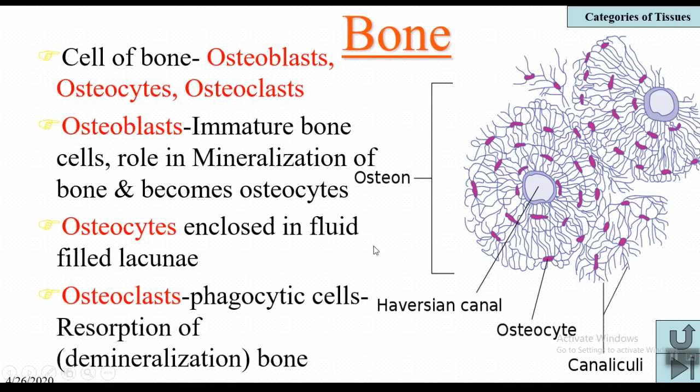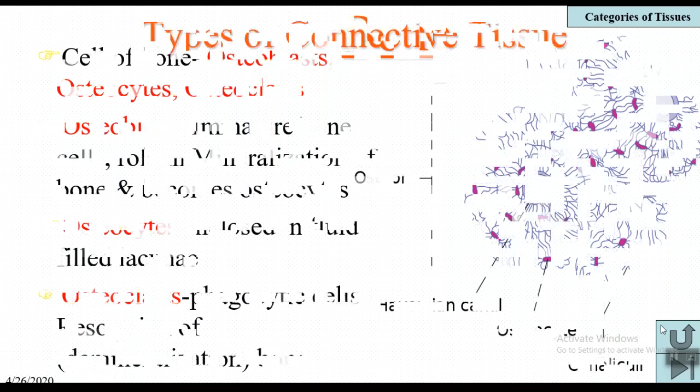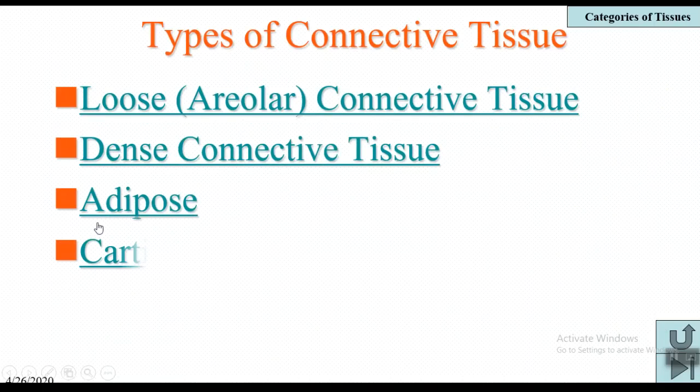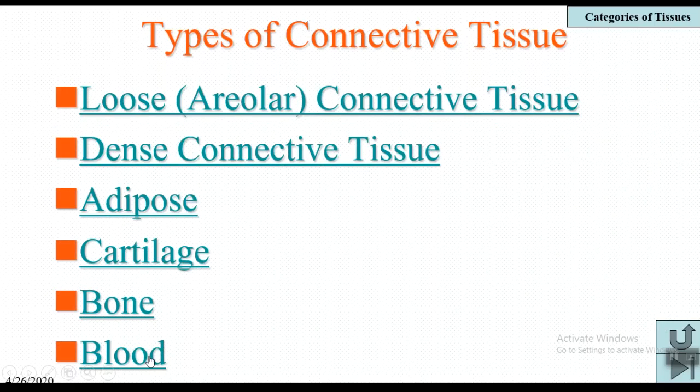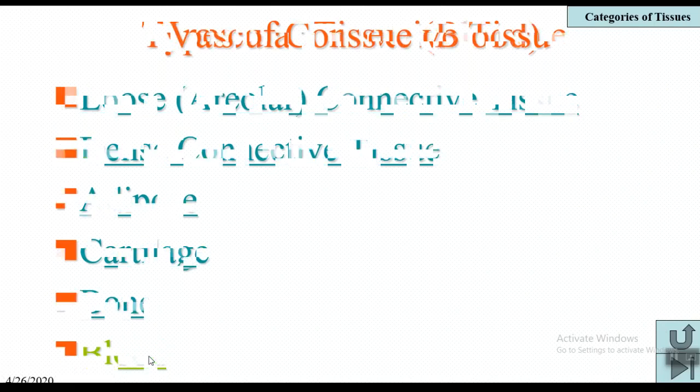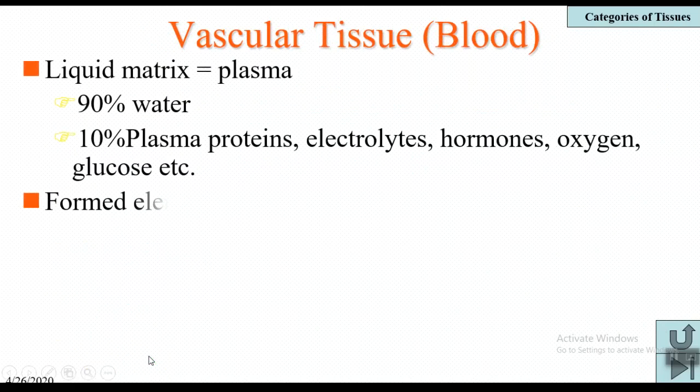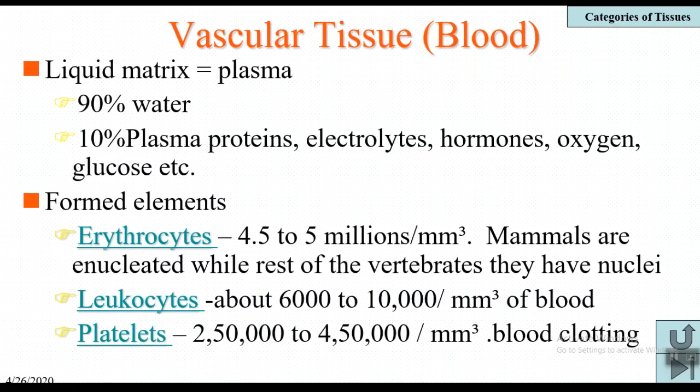This is about bone. And coming to the next type of connective tissue, that is the blood. Blood is considered a fluid connective tissue and the red river of the body, and this blood is made up of liquid matrix and formed elements.